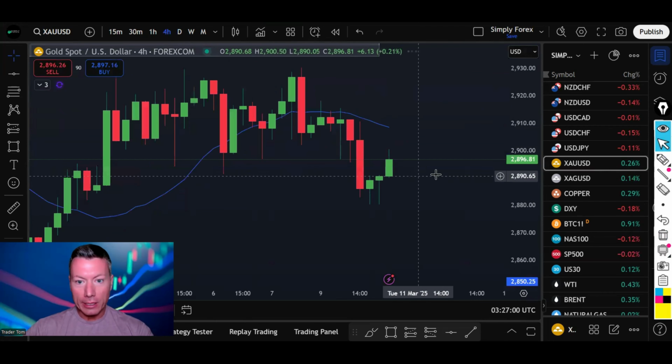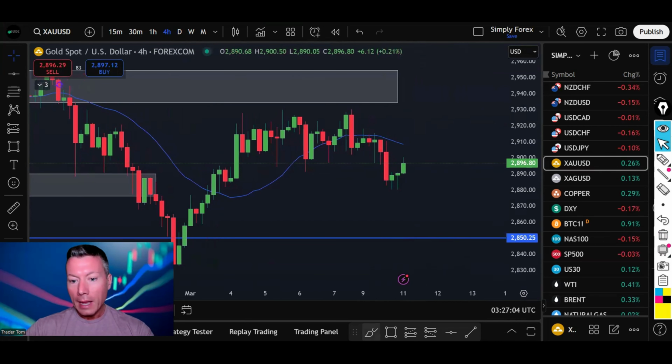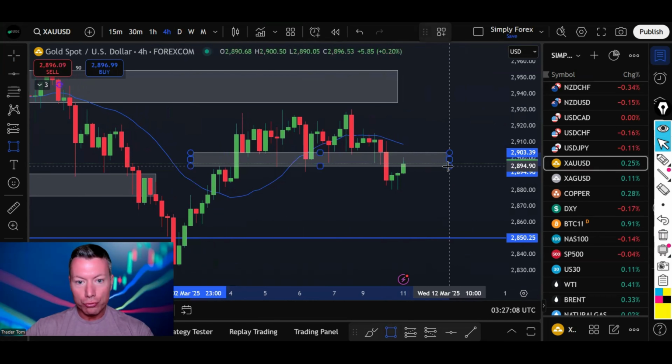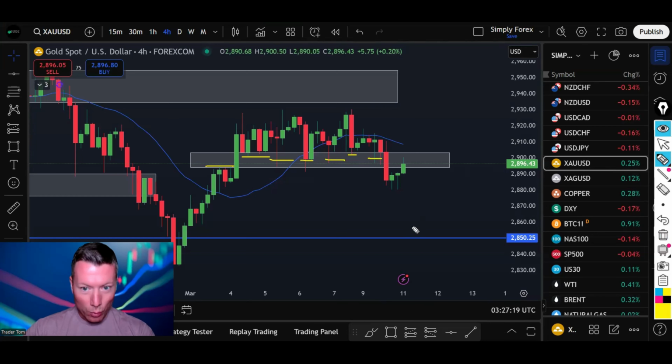Now, if we drop down to the H4, we're just looking at levels to take the trade from. And we are at one of those levels right now. If I just draw this through here, you can see price reacted here as resistance, then support, support, support, support, support. You get the idea. And we are now at that level.